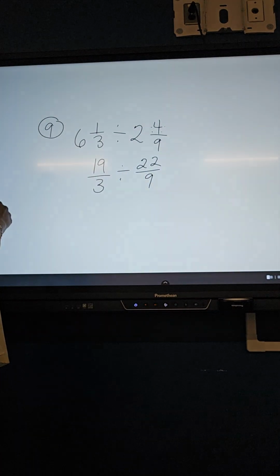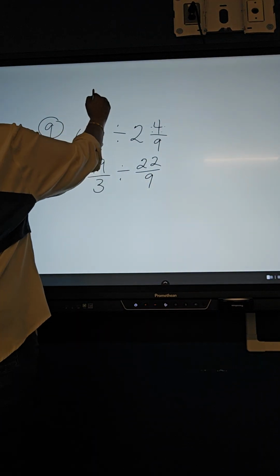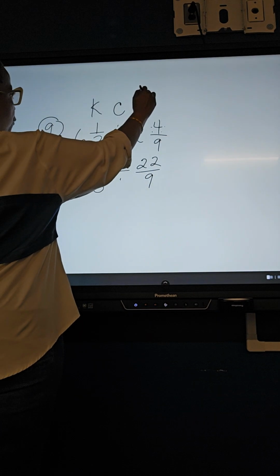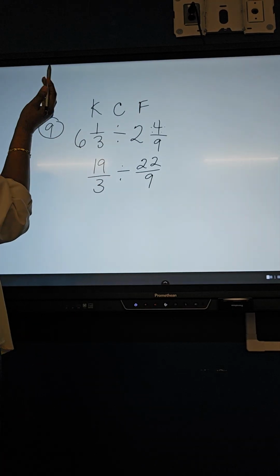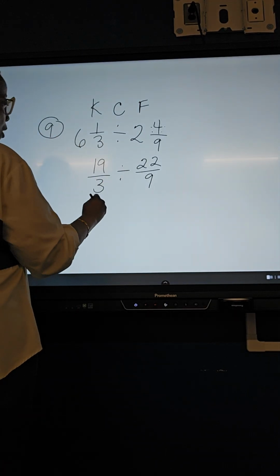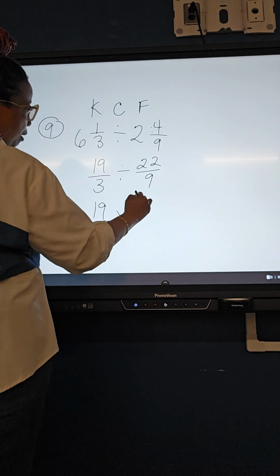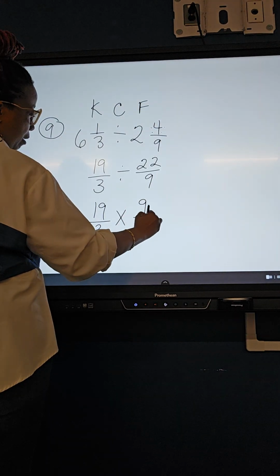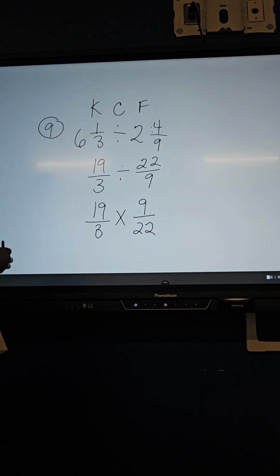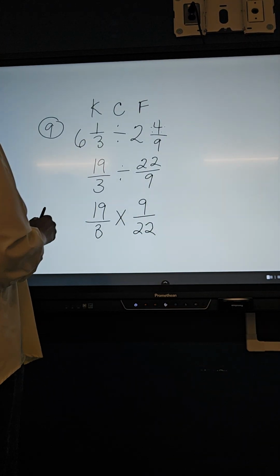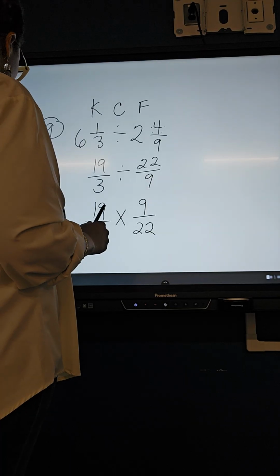But this is division, so I need to what? Keep, change, flip. Looks like KFC, but it's not, KCF. So keep 19, change my sign, flip my second fraction. Now I have 19 thirds times 9 over 22.